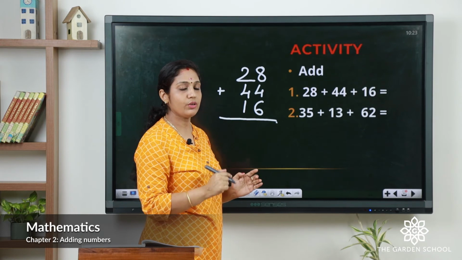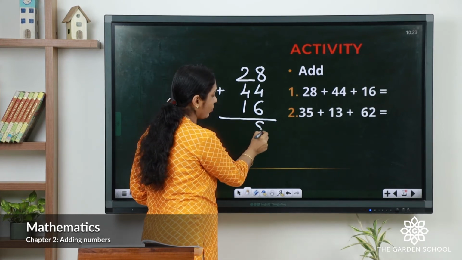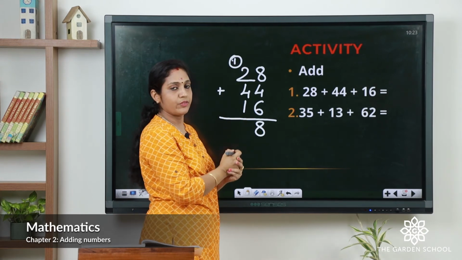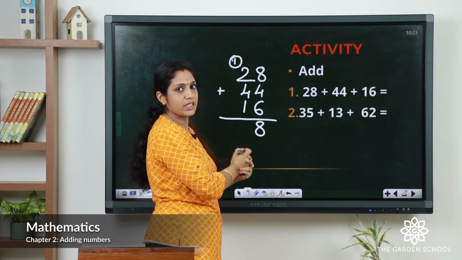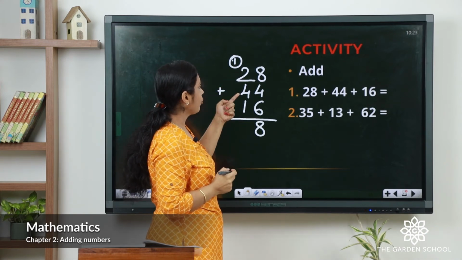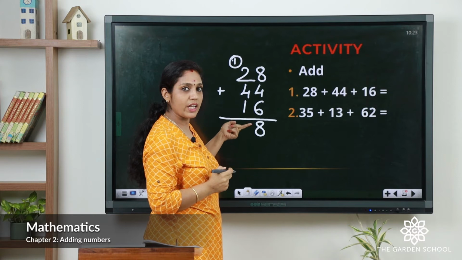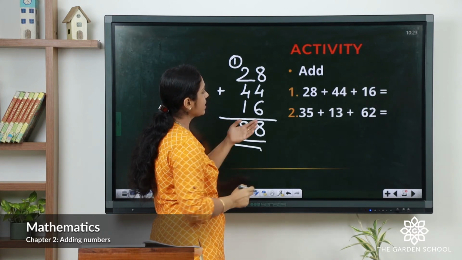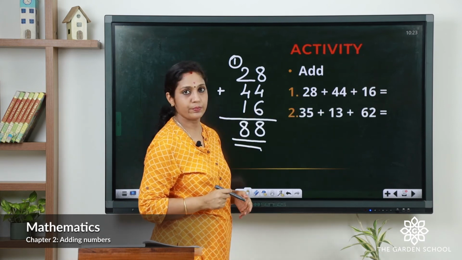So, what we have to do? We have to write the 8 here in the ones place and 1 we are carrying it over to the tens place. We are adding that one with the numbers in the tens place. 1 plus 2, 3, 3 plus 4, 7 and 7 plus 1 is 8. So, the answer is 88.